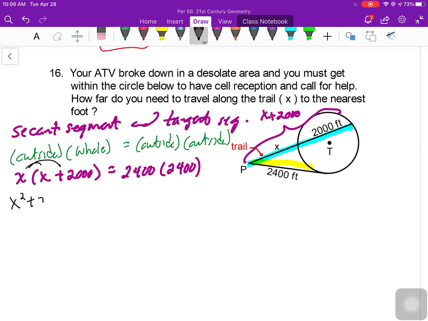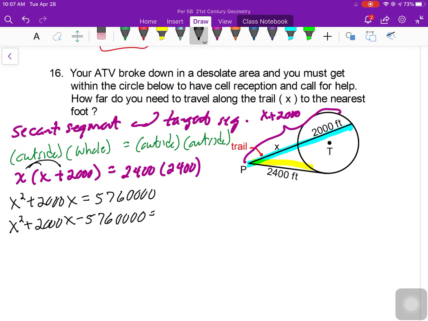And now it's algebra. We'll have to distribute: x squared plus 2,000x equals 2,400 times 2,400, which is 5,760,000. Moving everything to one side, so we have 0 on one side.